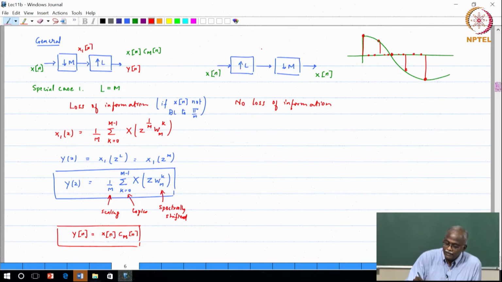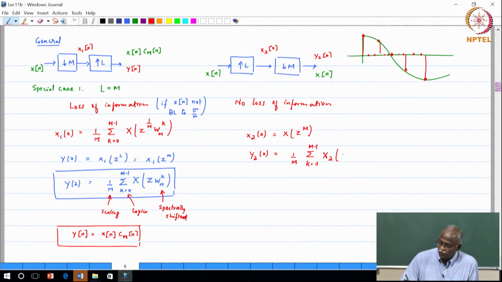If I call this x2 of n, and this output y2 of n, then x2 of z is x of z power M, since I am choosing L equal to M. y2 of z is the downsampling process: 1 over M summation k equal to 0 to M minus 1 x2 of z power 1 by M W_M raised to the power k. Basically I have written down the expression for a downsampler.